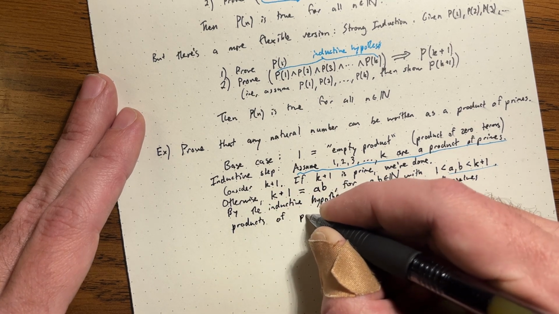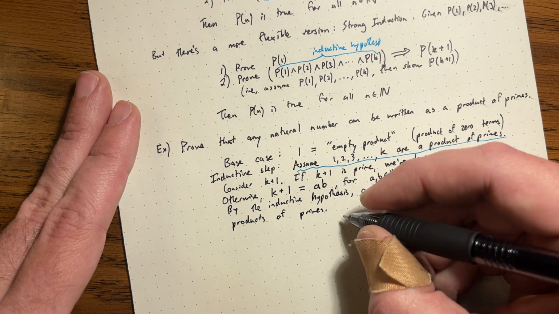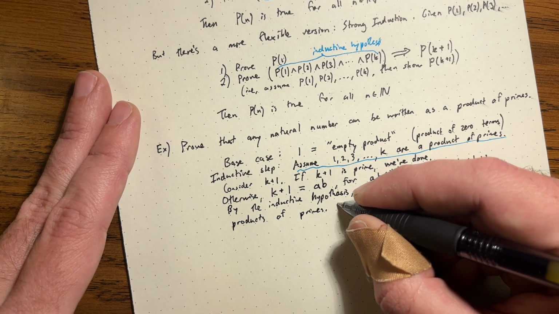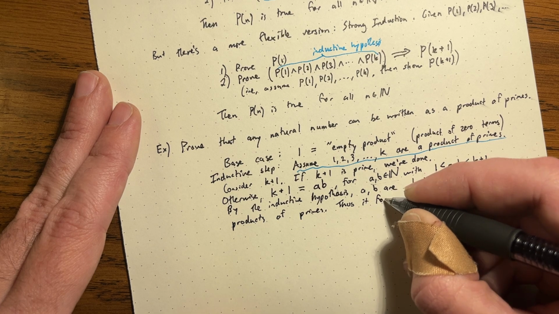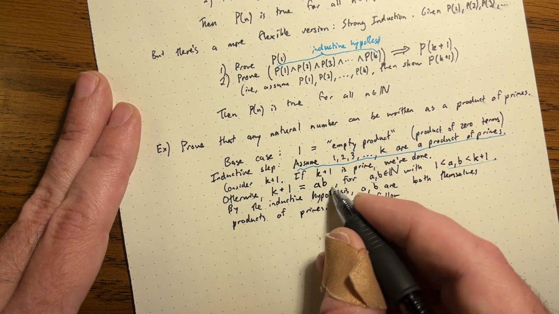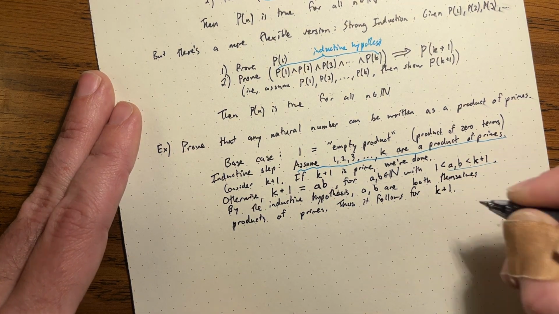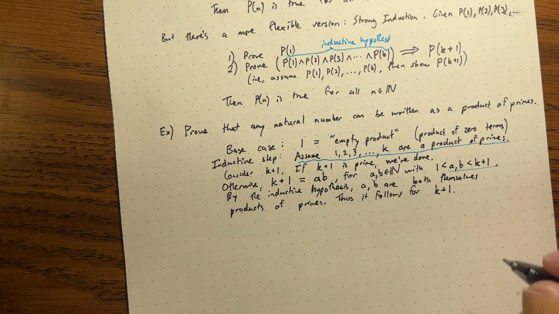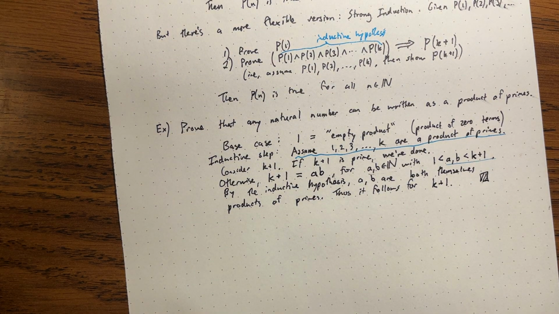Okay? All right, that's what we're assuming. Thus it follows for k plus 1. Just take the expressions of a and b and multiply them all together, and you get a big product of primes. Okay? So that's it. That's a typical example of strong induction.